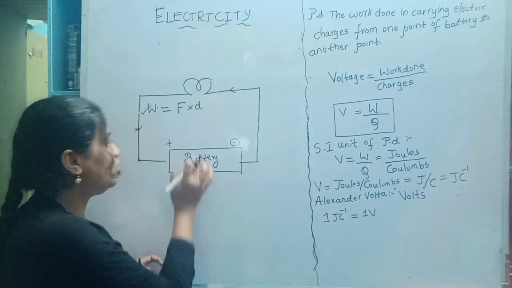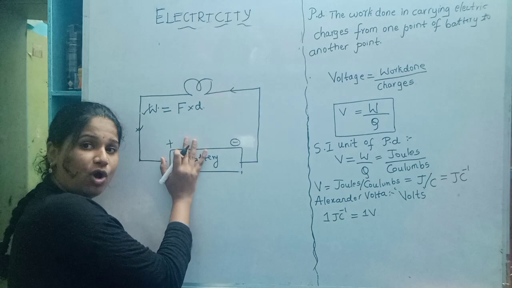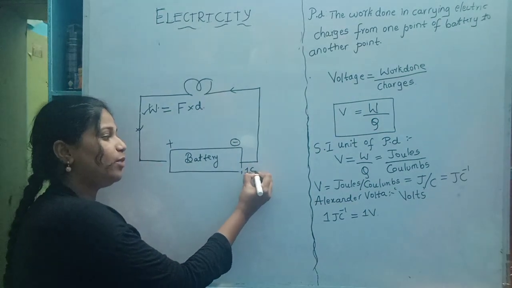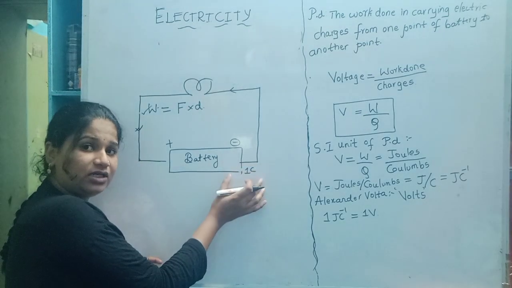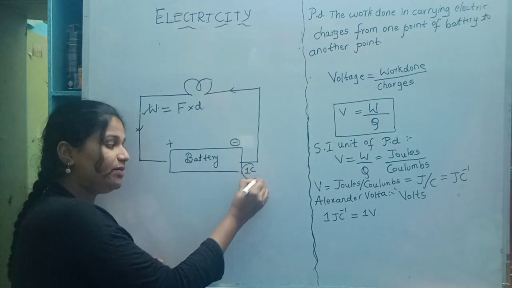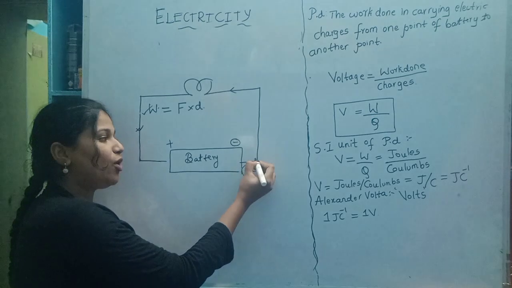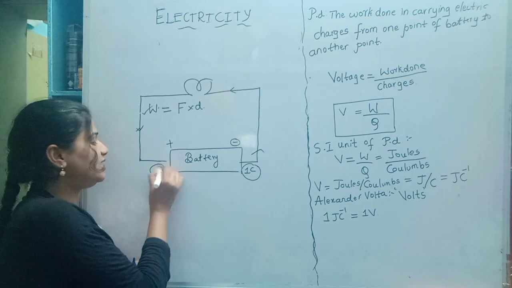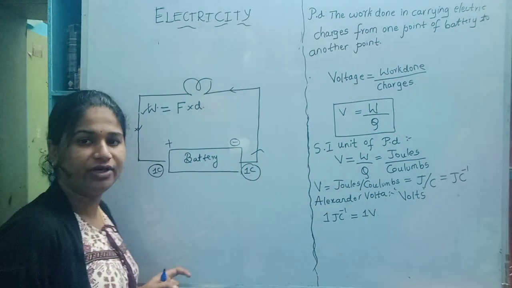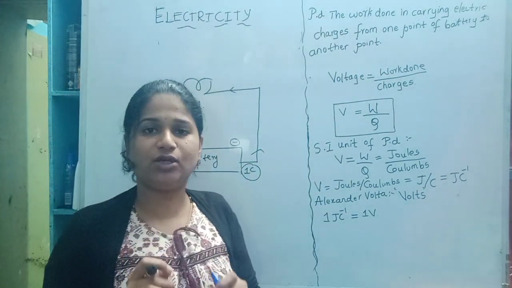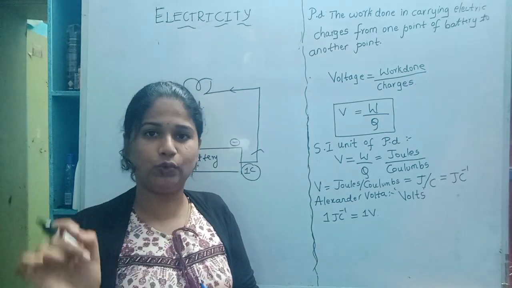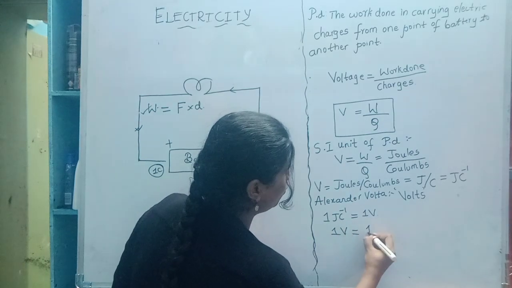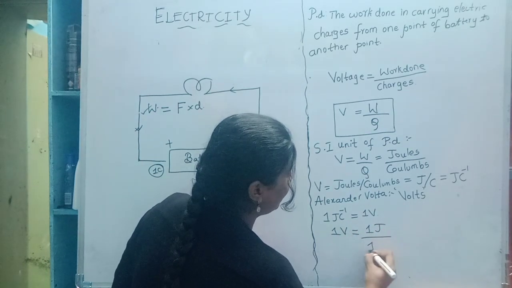So what is 1 volt? It is the potential difference produced when the work done to carry 1 coulomb of charge from one point of a battery to the other point of a battery is 1 joule. 1 volt will always be equal to 1 joule per coulomb. So we can write 1 volt equal to 1 joule divided by 1 coulomb.